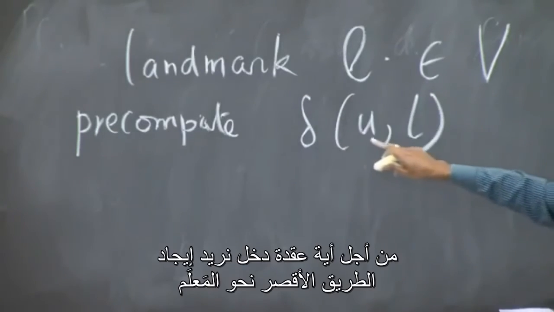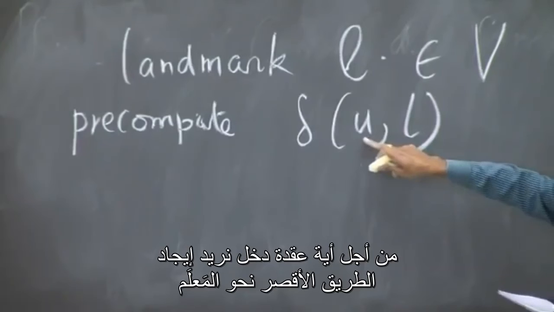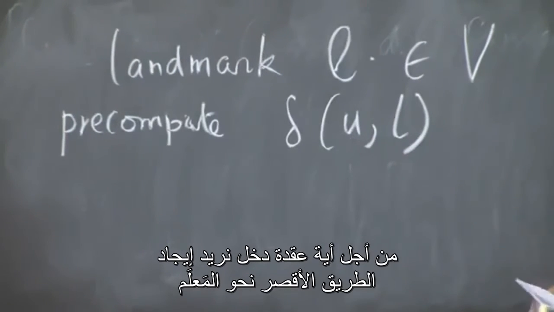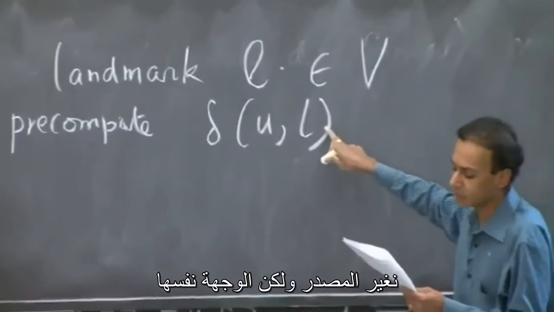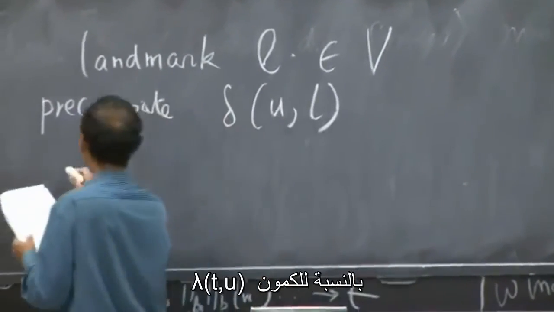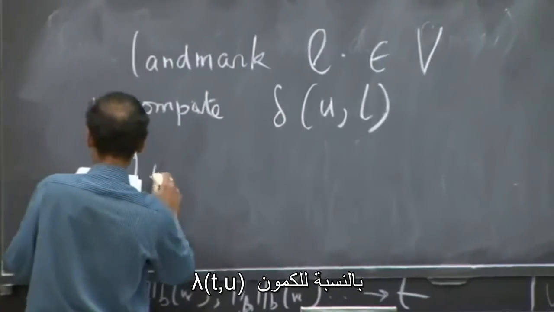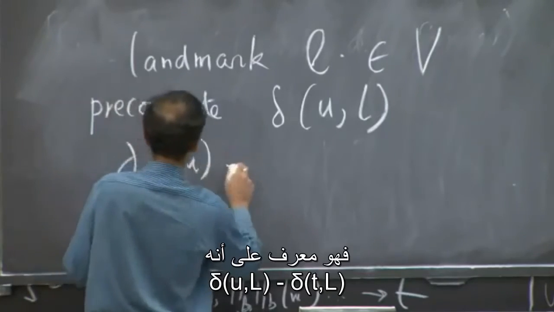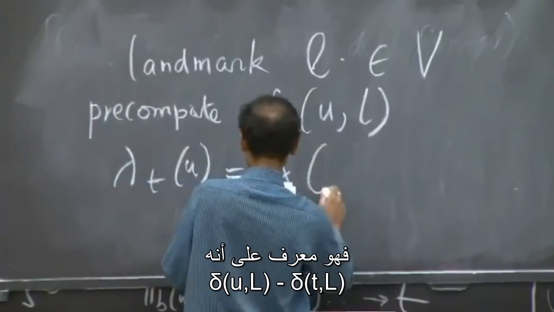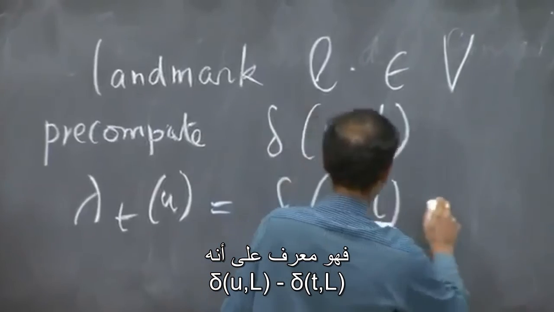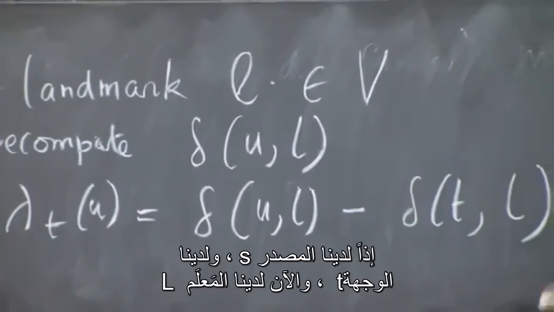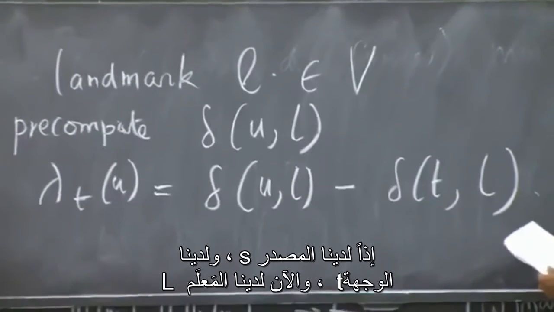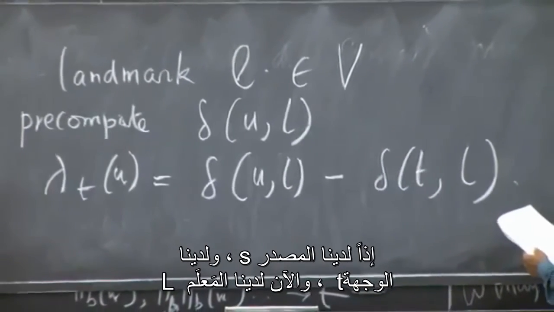So for any input vertex, you want to find the shortest path to this landmark. So it's like change the source, but the destination stays the same. And the potential, lambda_t(u), is defined as delta(u, L) minus delta(t, L). Okay? So you have a source S, you have a destination T, and now you have a landmark L.